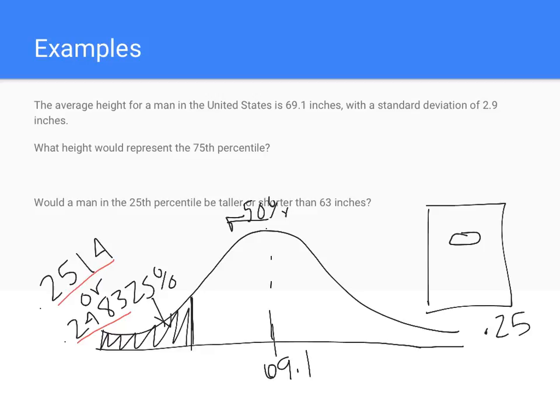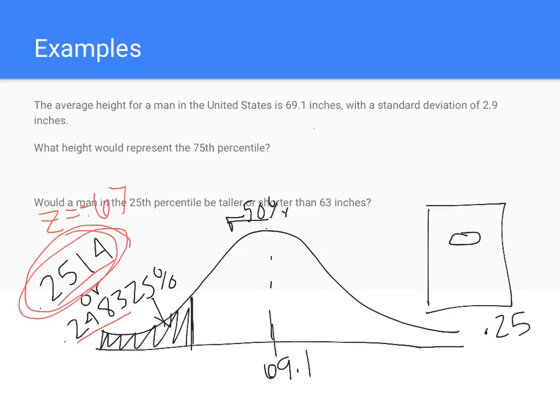So I am going to choose this one because it is less. Okay, so if I choose that one and I trace it over to the left, I have negative 0.67. So again, that tells me that z is negative 0.67, which makes sense because if the 75th percentile was positive 0.67, then if I go the exact same distance to the left, it should be negative 0.67.